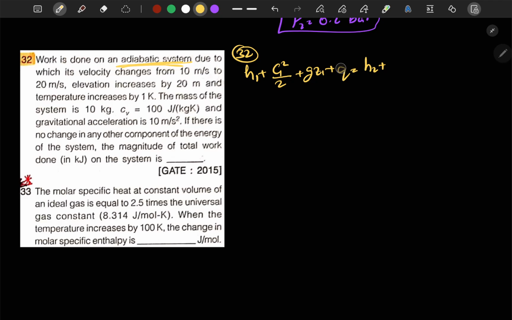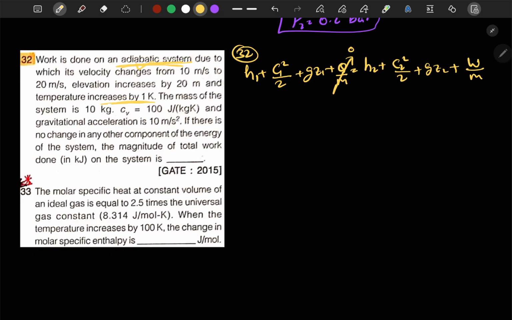so there is also mass of system. We can directly use Q by m equals H2 plus C2 square by 2 plus gZ2 plus net work by mass. Okay, now since the system is adiabatic, Q should be 0, so this term would be 0, and it is said that temperature increases by 1 Kelvin.